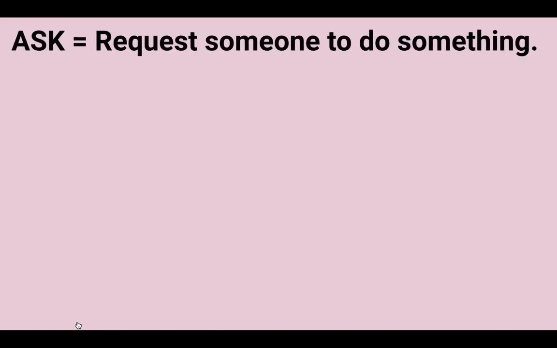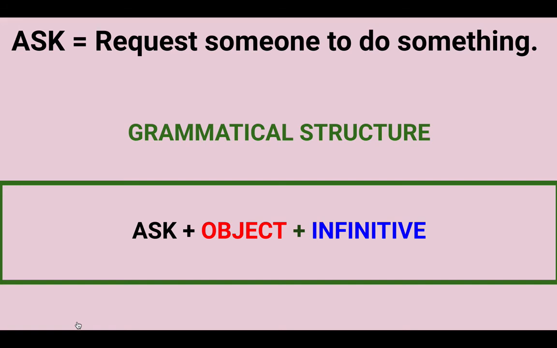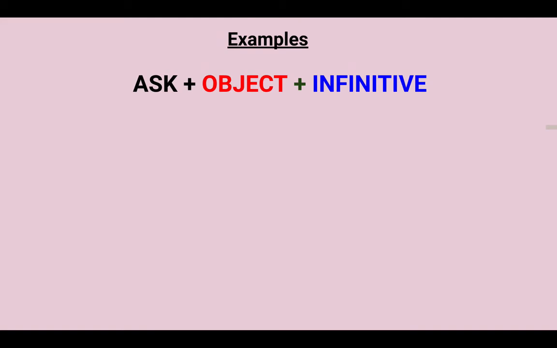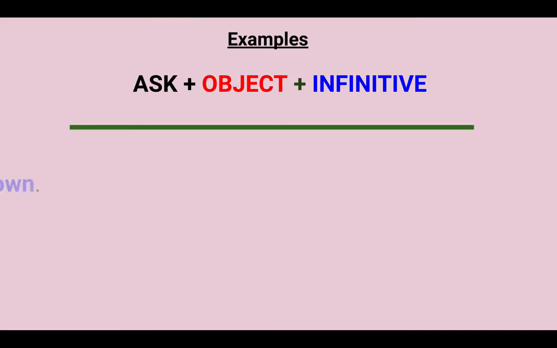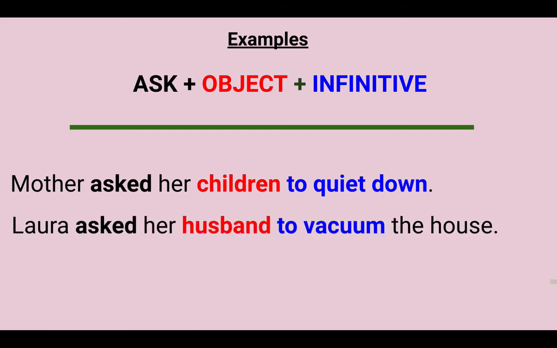Ask, to request someone to do something that you don't want to do yourself. The same form, ask plus the object plus the infinitive form of the verb. And a couple of examples. Mother asked her children to quiet down. Laura asked her husband to vacuum the house.